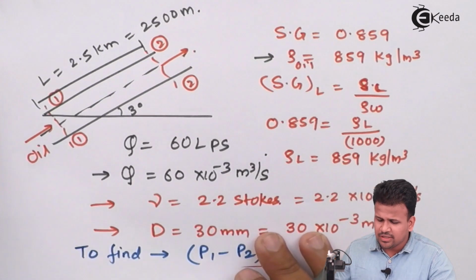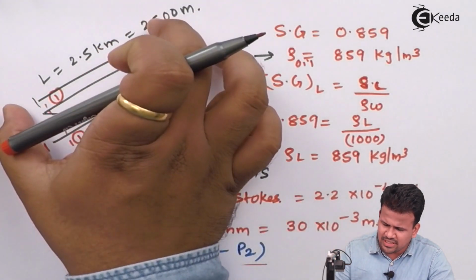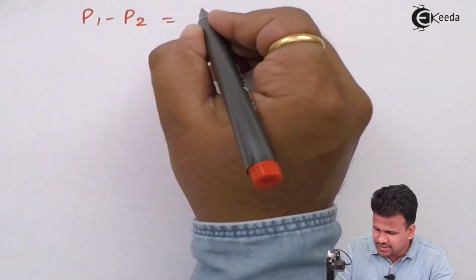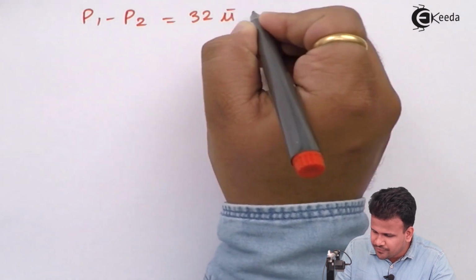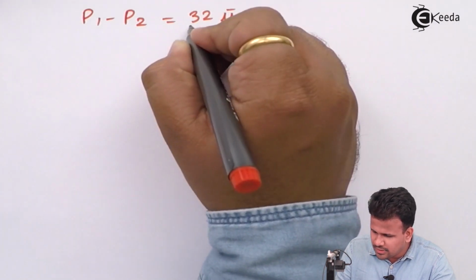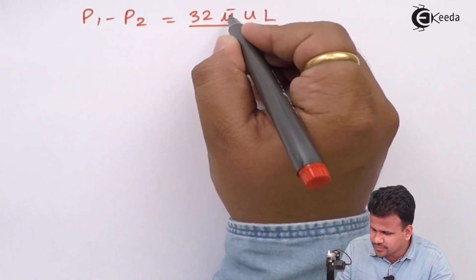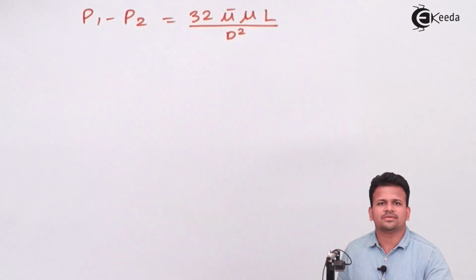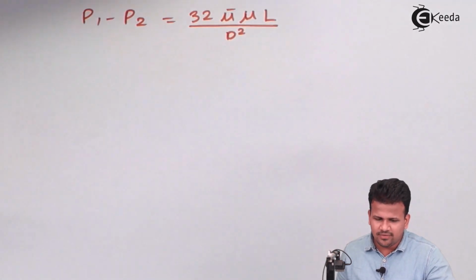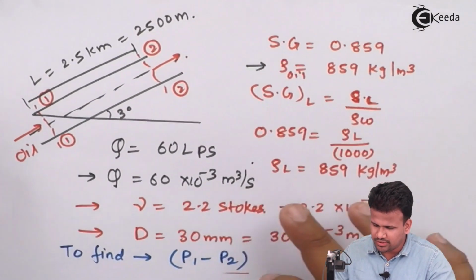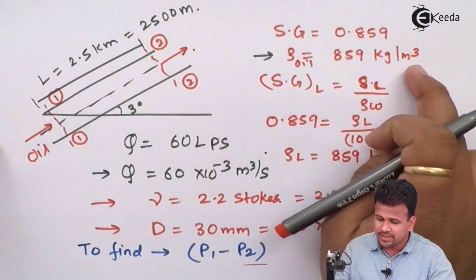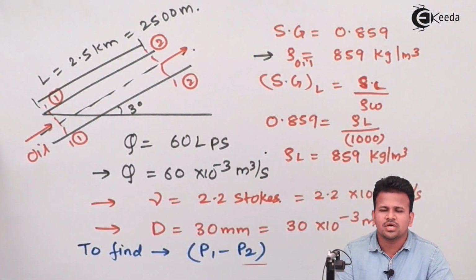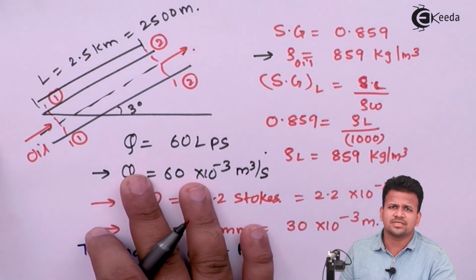Technically, the difference in pressure over this entire length is P1 minus P2 equals 32 mu u bar L upon d square. But this formula is only applied if the pipe is horizontal. Here the pipe isn't horizontal, it is inclined at an angle of 3 degrees. So we cannot apply this formula in this problem.